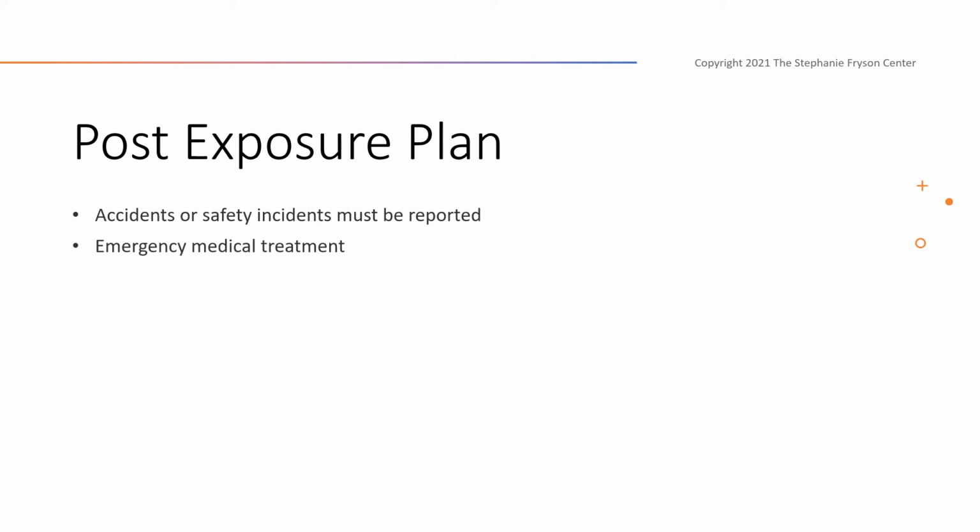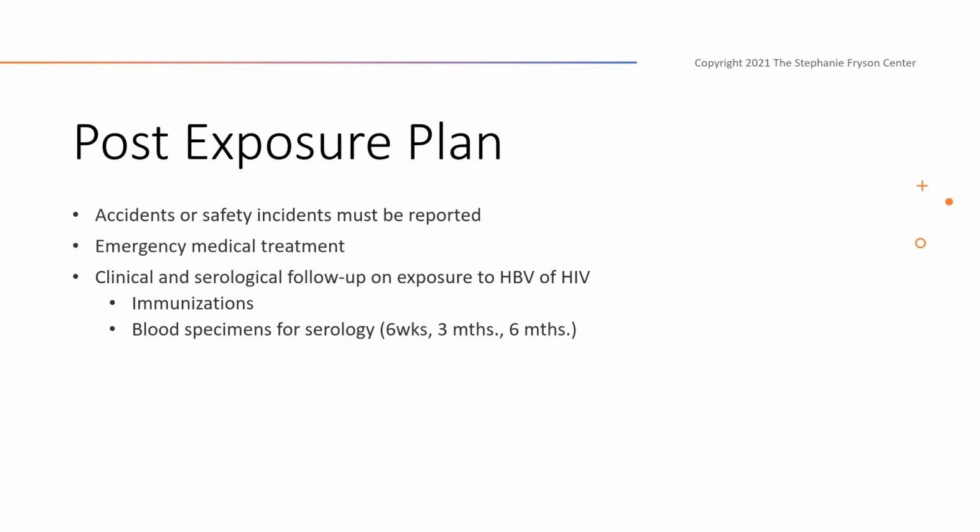Every laboratory has to have what's called a post-exposure plan. This means what happens after you have been exposed to a biological agent. Accidents or safety incidents have to be reported. You are offered emergency medical treatment that you do not have to pay for. Clinical and surgical follow-up on exposure to hepatitis B or HIV.